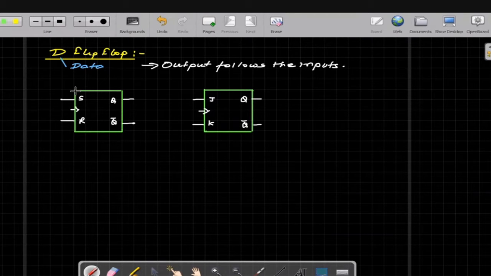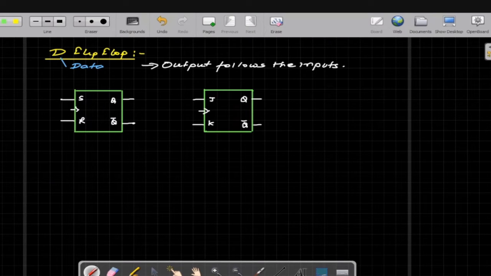So first let's understand how to make a D flip-flop, because the statement about this D flip-flop is that the output exactly follows the input.